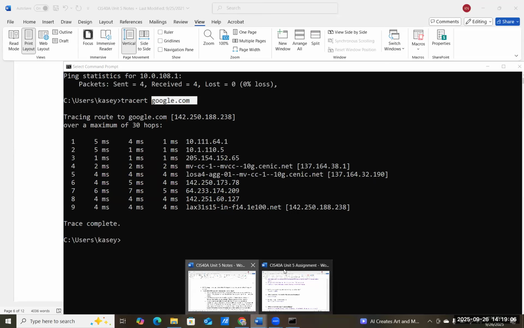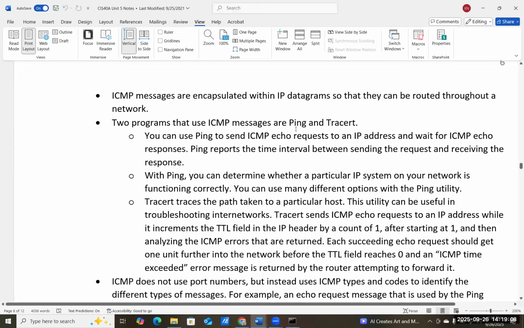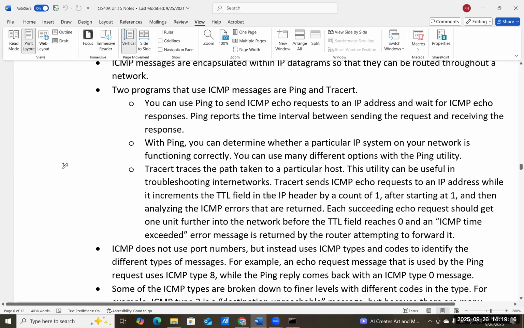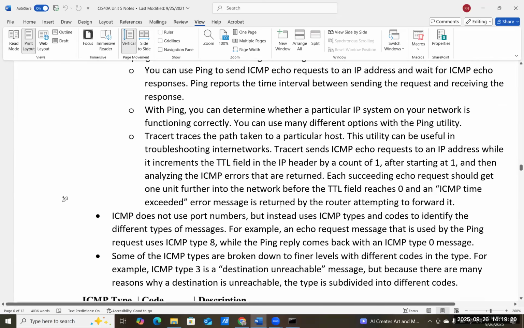So that's another form of ICMP, right? You can see that with traceroute and ping. So trace basically follows the traffic from the sender to the receiver. If it exceeds a certain amount of time, it has a window where it would submit the request. So traceroute actually takes longer, right? It's kind of like if I'm following you from home to school.